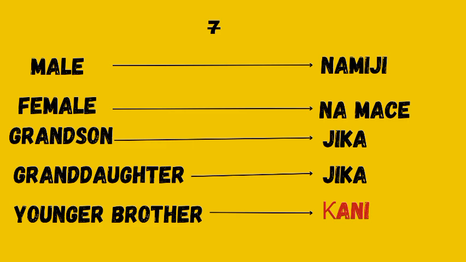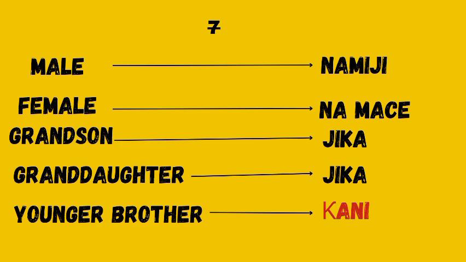Grandson, jika. Granddaughter, jika. Younger brother, ƙani. As you can see, for the spelling of younger brother, we use the K that has a curve.